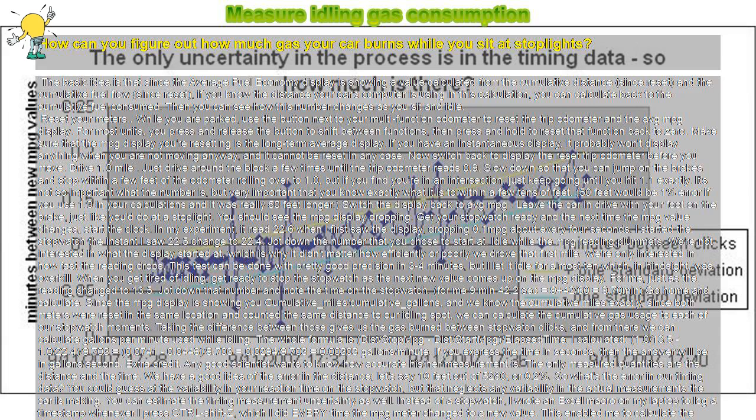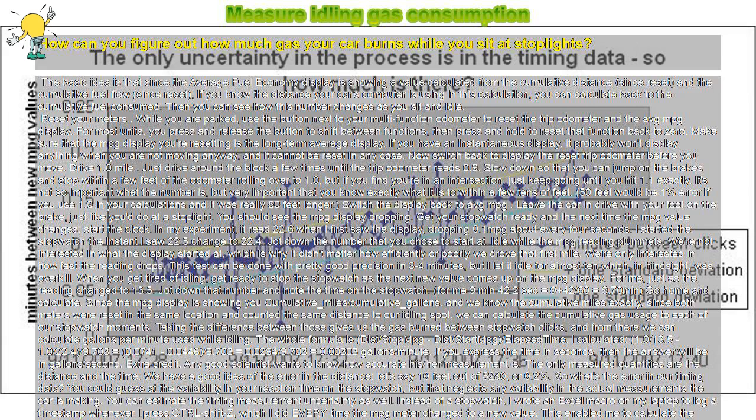So what's the error in our timing data? You could guess at the variability in your reaction time on the stopwatch, but that neglects any variability in the actual measurements the car is making. You can estimate the timing measurement uncertainty as well. Instead of a stopwatch, I wrote an Excel macro on my laptop to log a timestamp whenever I press Ctrl-Shift-Z, which I did every time the MPG meter changed to a new value.